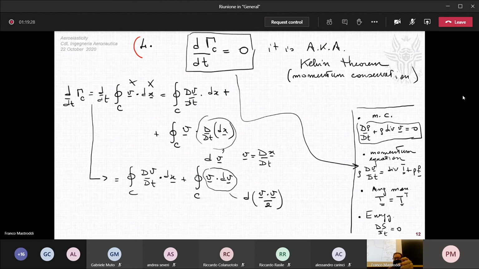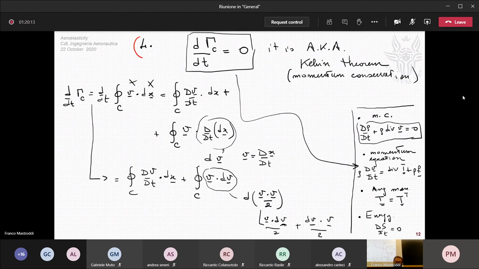If you take the differential of the square of this quantity, you have the differential of v dot v by 2 plus the differential of v dot v by 2, a product. The 2 times is eliminated. This is the famous 1/2 of the kinetic energy. Ladies and gentlemen, what's the origin of the 1/2 in kinetic energy is this.